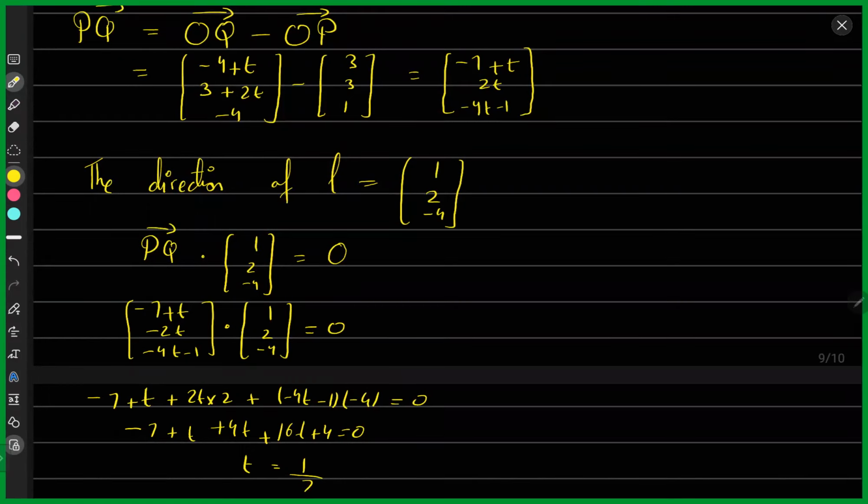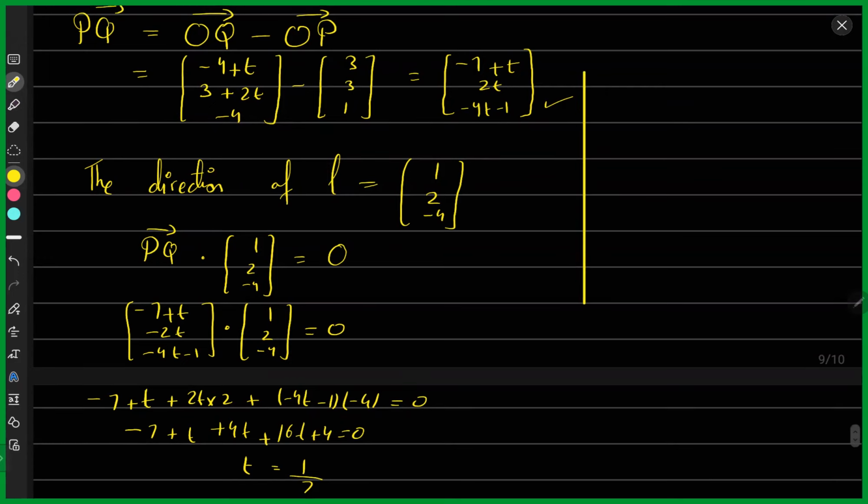So this means that the vector PQ was this. T is 1 by 7. So PQ is going to be minus 7 plus 1 by 7, 2 into 1 by 7, and minus 4 into 1 by 7, minus 1.